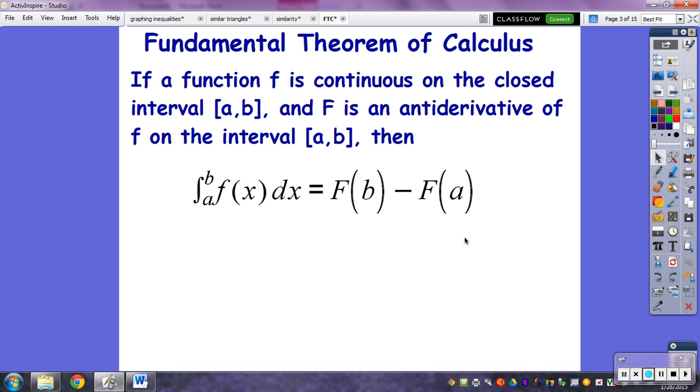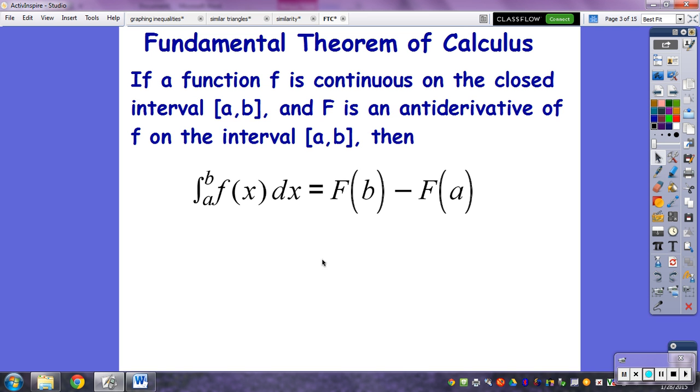The fundamental theorem of calculus, part one, states that if a function f is continuous on the closed interval a to b, and capital F, there's a reason it's capital, it represents the antiderivative of f, your function, on the interval a to b, then the definite integral from a to b of f of x dx equals the antiderivative evaluated at b minus the antiderivative evaluated at a. So this is what we did in class.